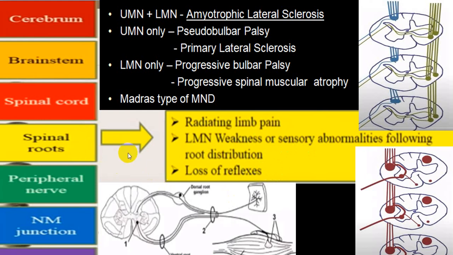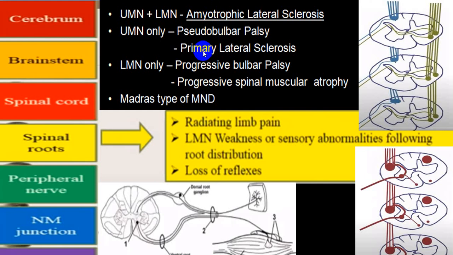So in a spinal root findings, you will have finding in whichever root is being involved, and above the level there will be no involvement again. But particularly in case of a motor neuron disease, you can have a multiple permutation combination like upper motor neuron, lower motor neuron findings together. In case of amyotrophic lateral sclerosis, in a pseudobulbar palsy, it will be mainly upper motor neuron variety.